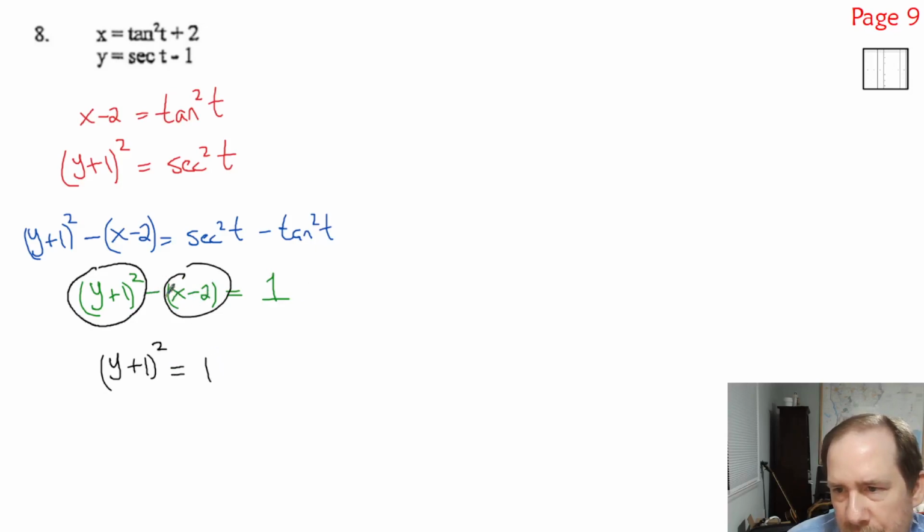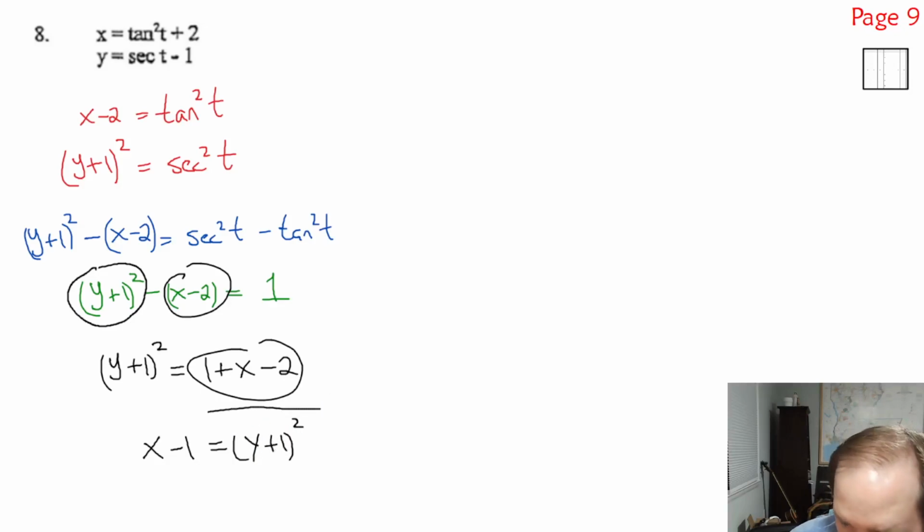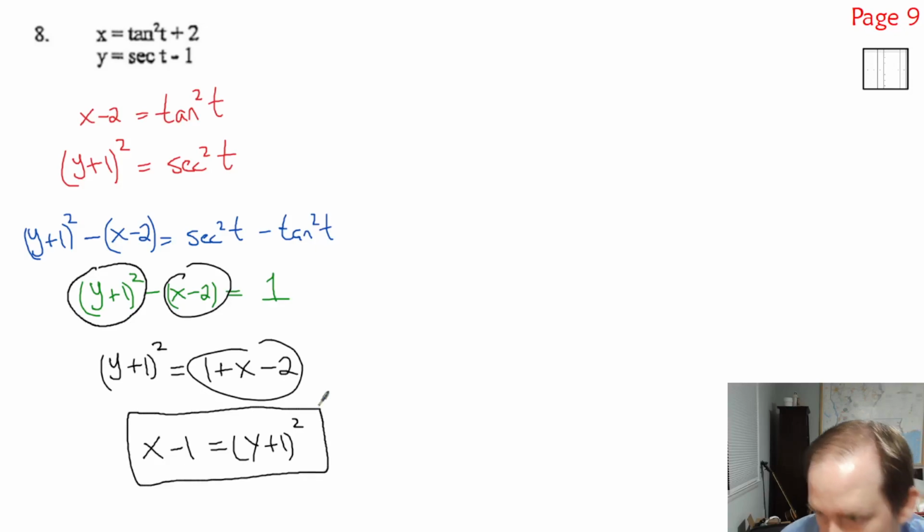So I've already got a 1, so I'll add an x, and technically this is x plus 2, so I need to subtract 2. So a plus x minus 2 ends up on the other side, and then I can combine the 1 and the blah blah blah. And typically we put this thing on the left hand side, so let's go x minus 1 equals y plus 1 squared. This would be the equation I was looking for right there.